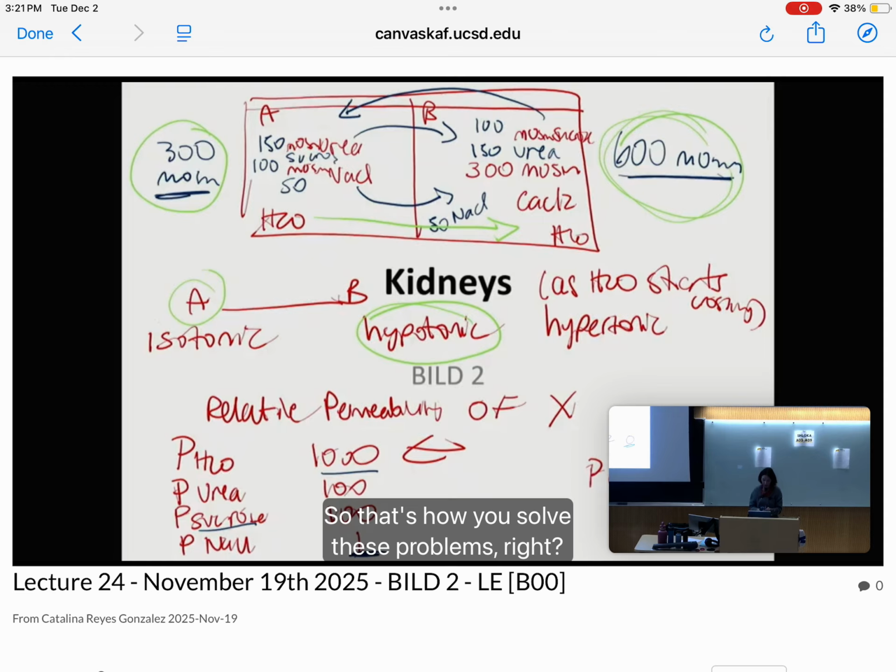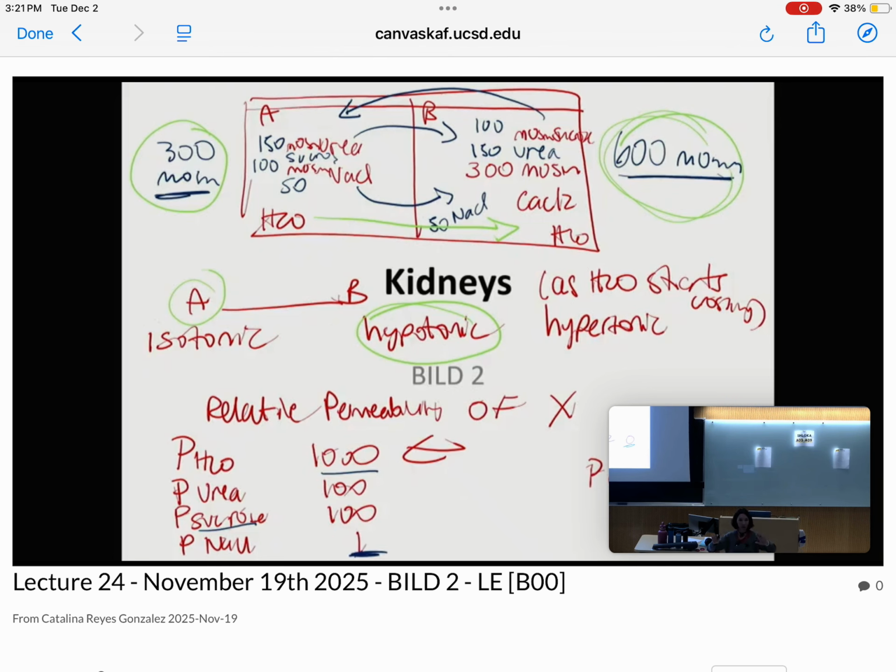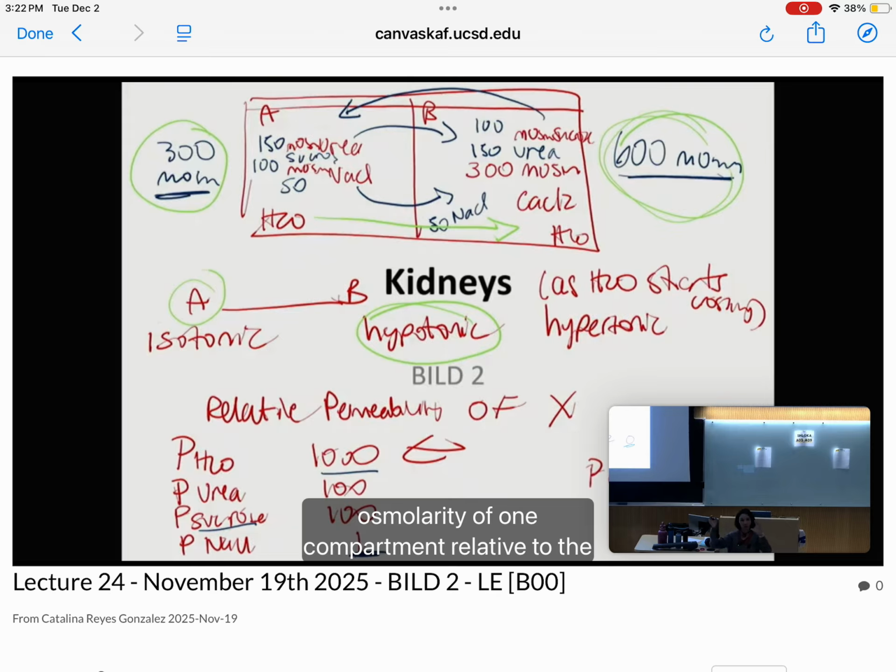So that's how you solve these problems, right? First, you look at the osmolarity of both. First step, you convert everything to milliosmolar, okay? Once you have that, you look at the total osmolarity of one compartment relative to the other one, before any water crosses. I'm always going to give you the membrane being more permeable to water.